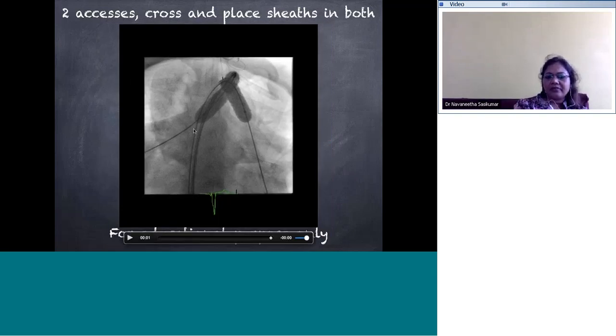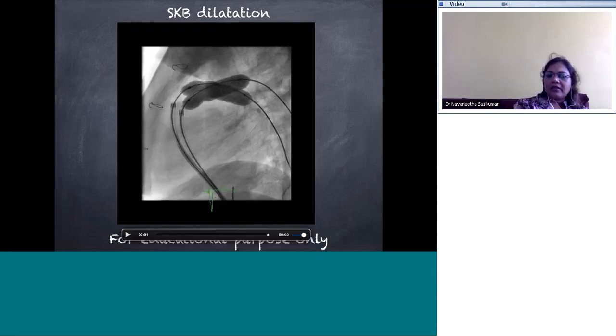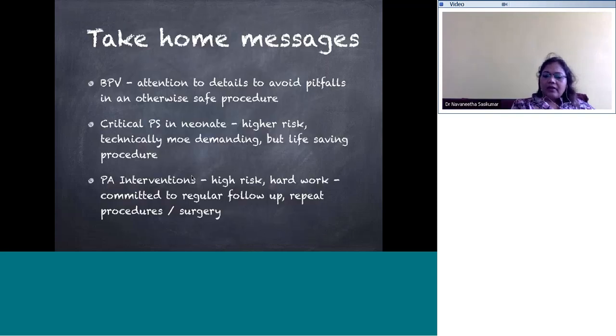So this is simultaneous dilatation. And this is balloon dilatation after the stent was implanted, where we dilated once more with simultaneous kissing balloons. Any bifurcation at the end needs to be dilated together, which you call simultaneous kissing balloon dilatation, for optimal expansion of the stents.